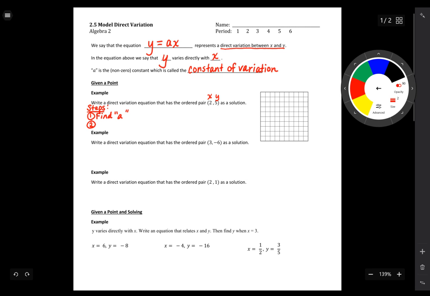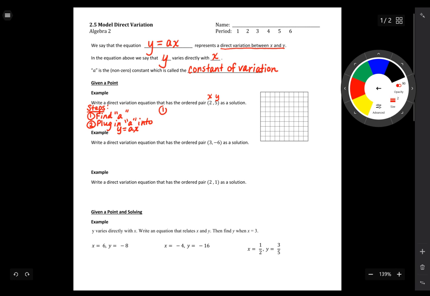Step 2, plug in or replace a into y equals ax. You only plug a into the equation, nothing else. So I'm going to label my steps.